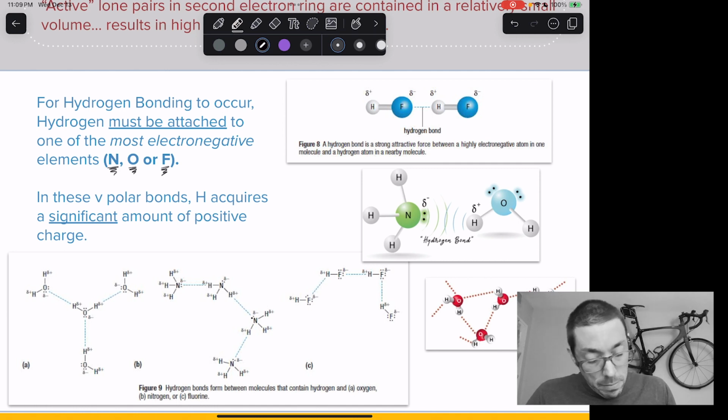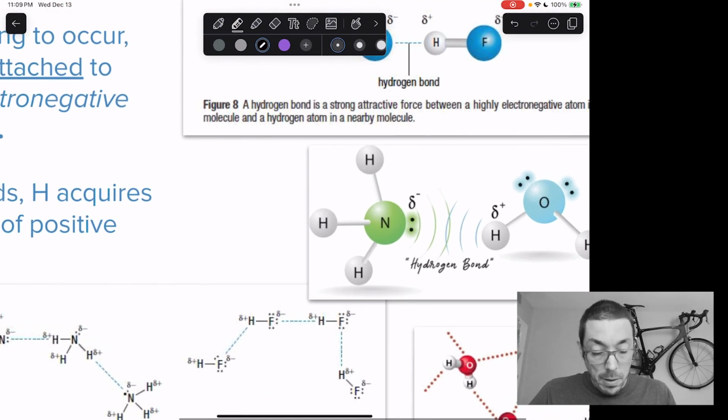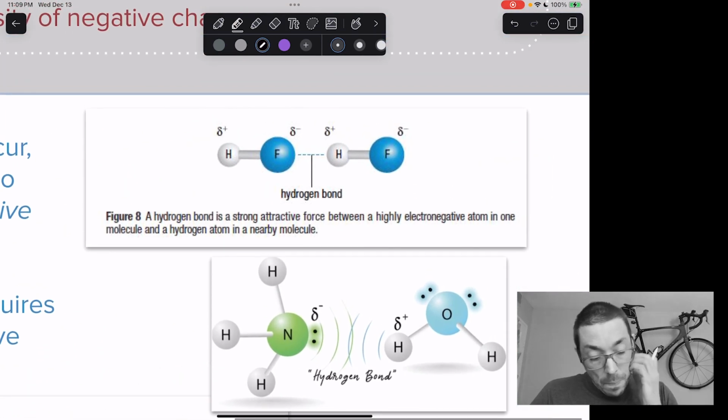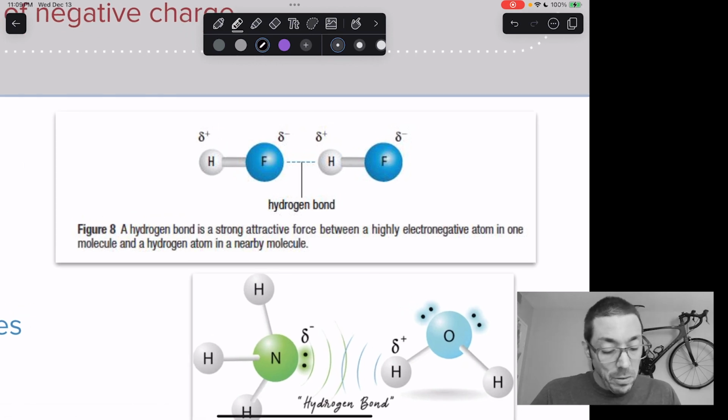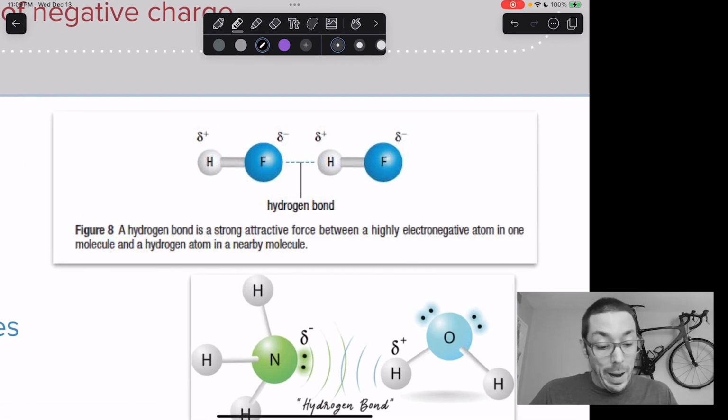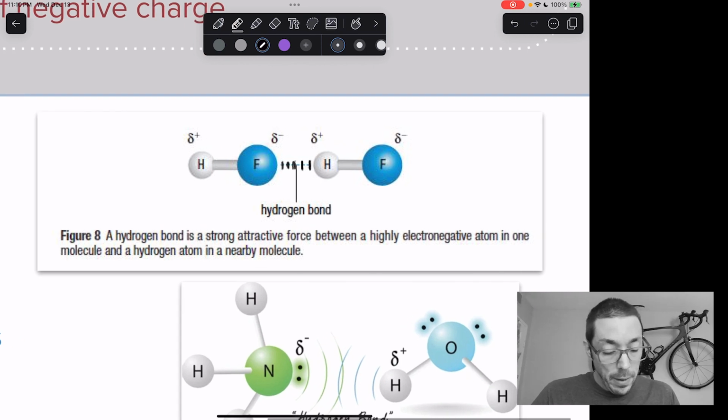So we can see a bunch of different pictures here, but let's start with HF. So HF is a polar molecule, but it's a special type of dipole-dipole interaction because it's between hydrogen and fluorine. And this is a very polar molecule.